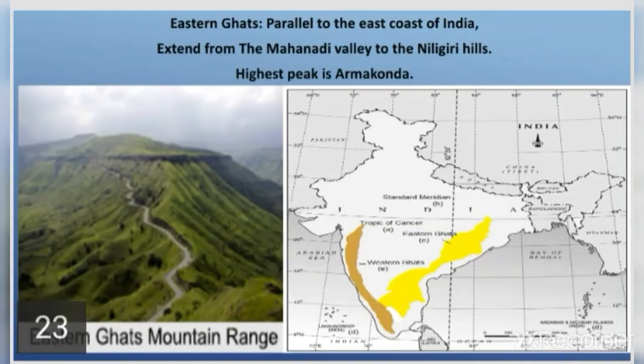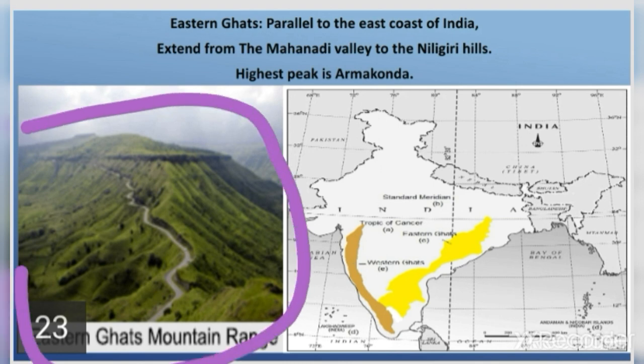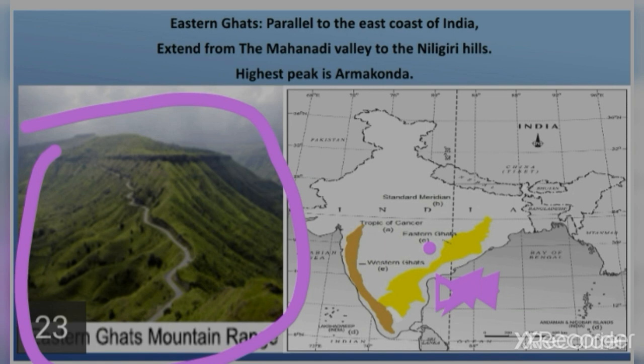Now about the Eastern Ghats. This picture shows the Eastern Ghats. The Eastern Ghats run parallel to the east coast, here, east coast of India. And it extends from Mahanadi Valley to the Nilgiri Hills.